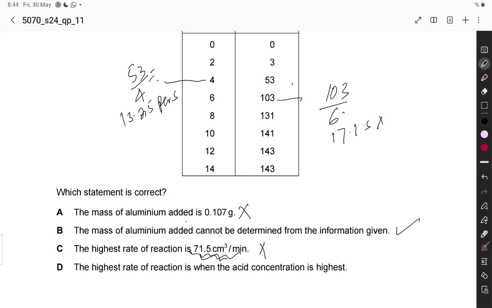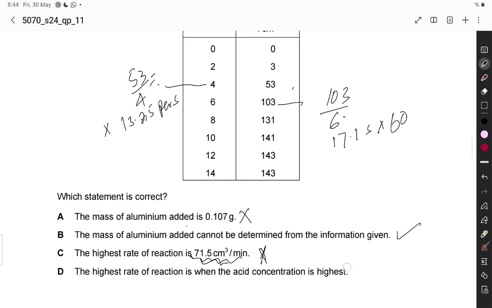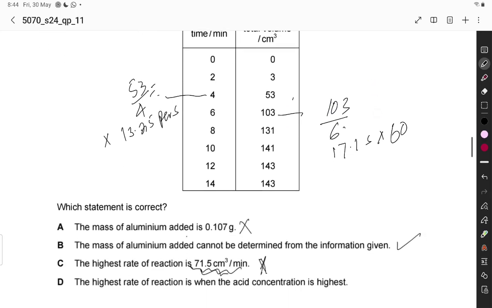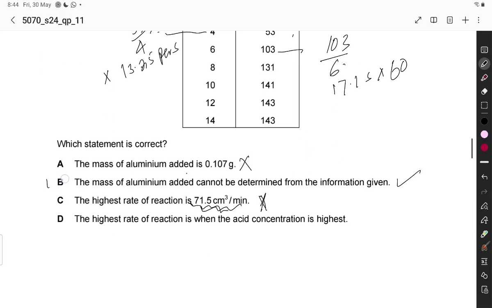So if we compare this multiplied by 60, this is incorrect. So the highest rate of reaction is when the acid concentration is highest. This statement is correct.